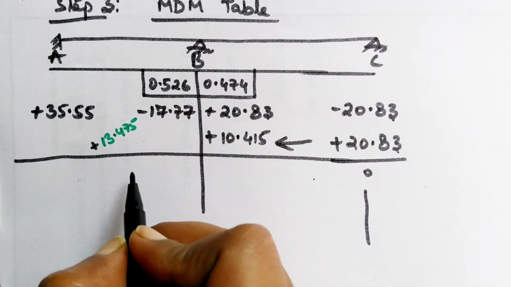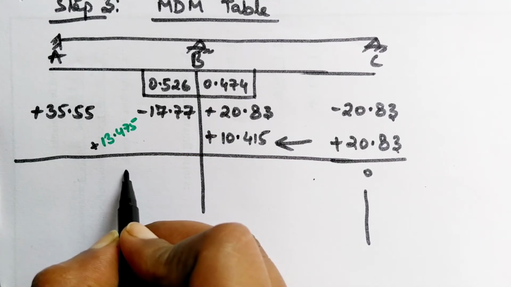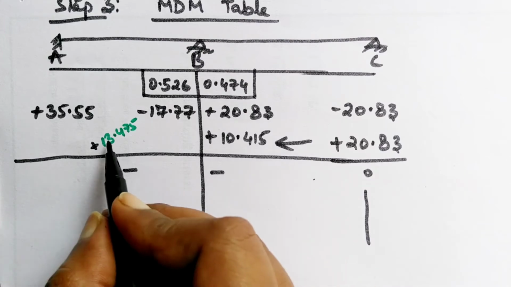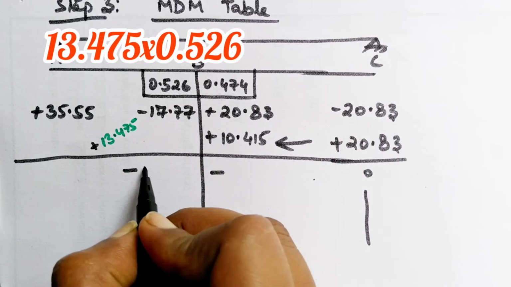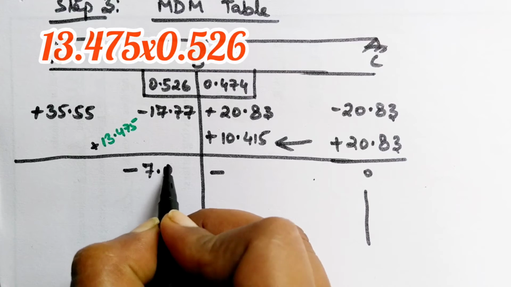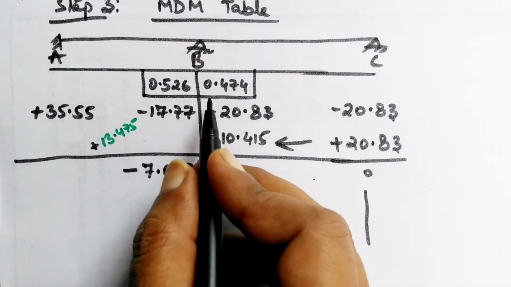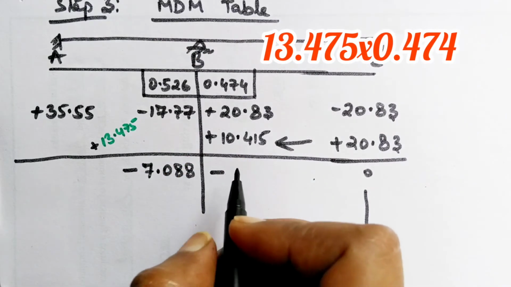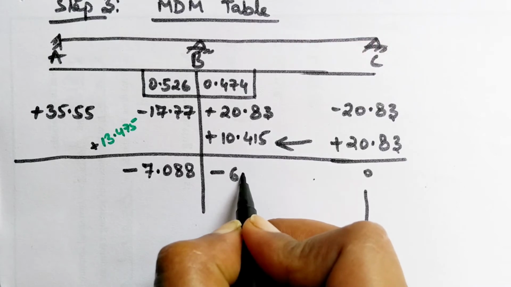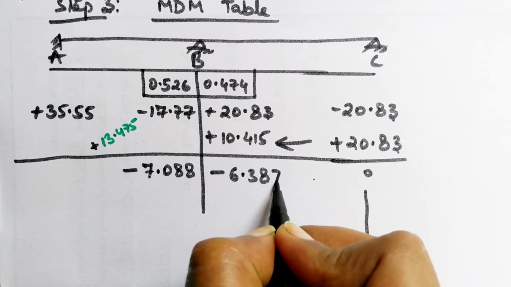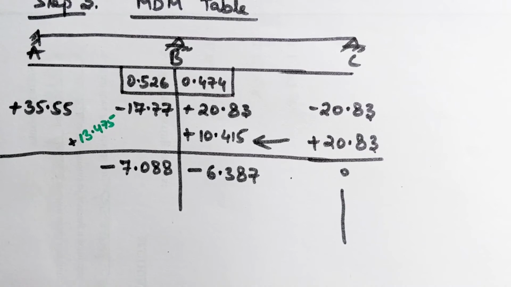So what we will be doing, we are putting a negative sign here because whatever additional moments are coming, we have to neutralize it with the opposite sign. So I am writing it and multiplying it with the DF, and I am writing the final moments. So just minus this multiplied by this, and you will be getting the final answer.